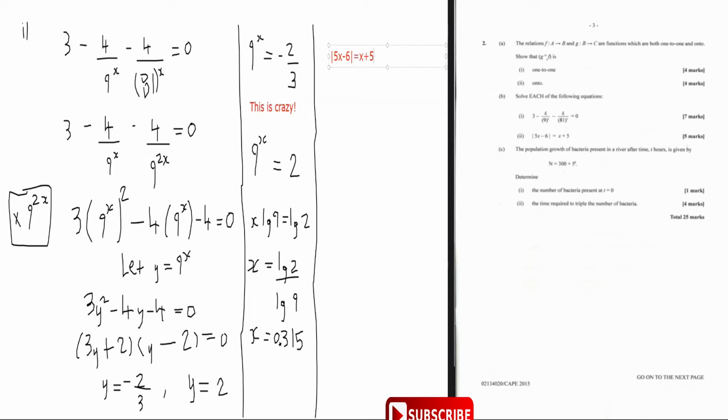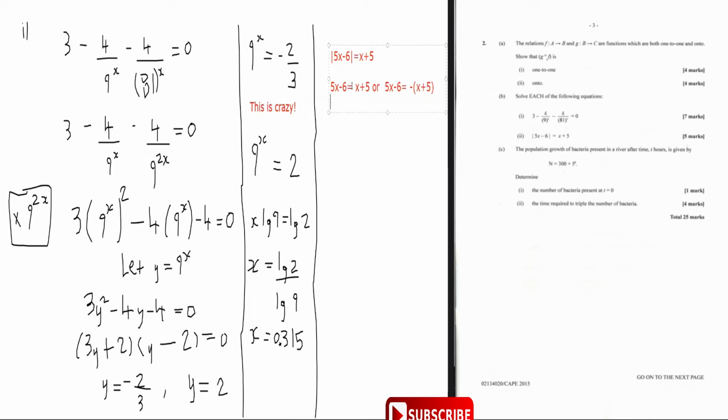If mod A is equal to B, then we know that 5x minus 6 is equal to x plus 5, or we know that 5x minus 6 is going to be equal to minus of x plus 5. It's one of the two.